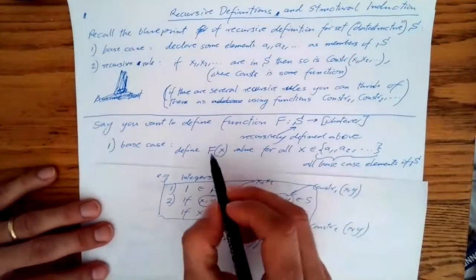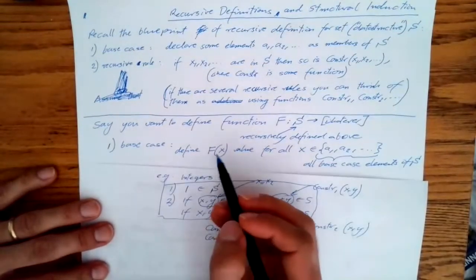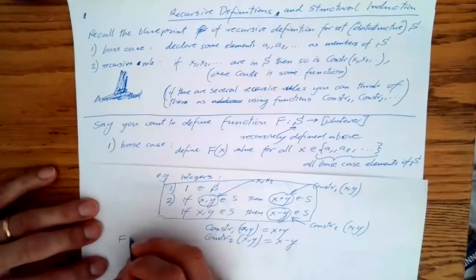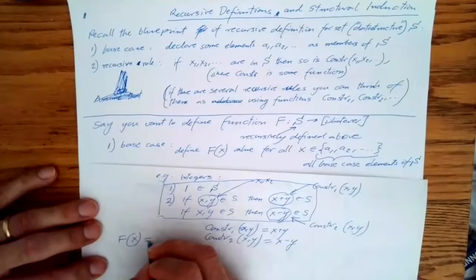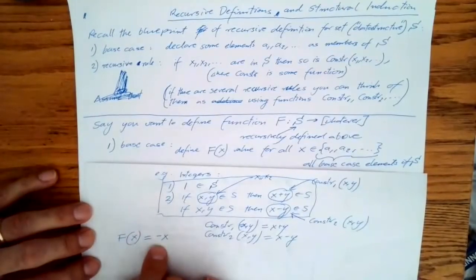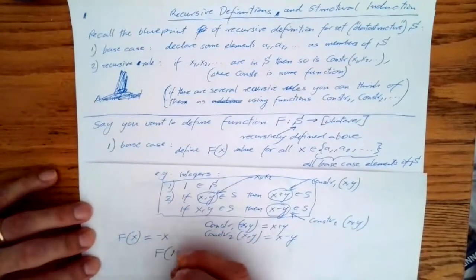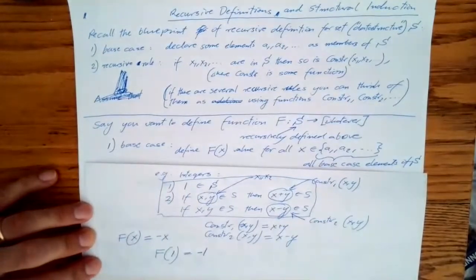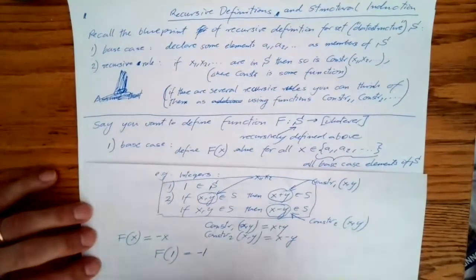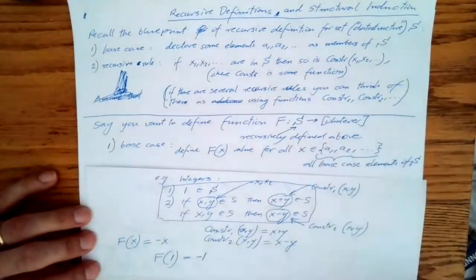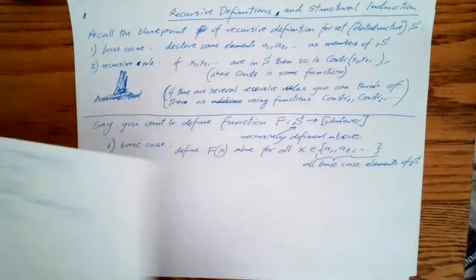So let's say I want a function that takes an integer and outputs its additive inverse. First of all, on the base case, it is -1. And I'm done. That already takes care of this part.